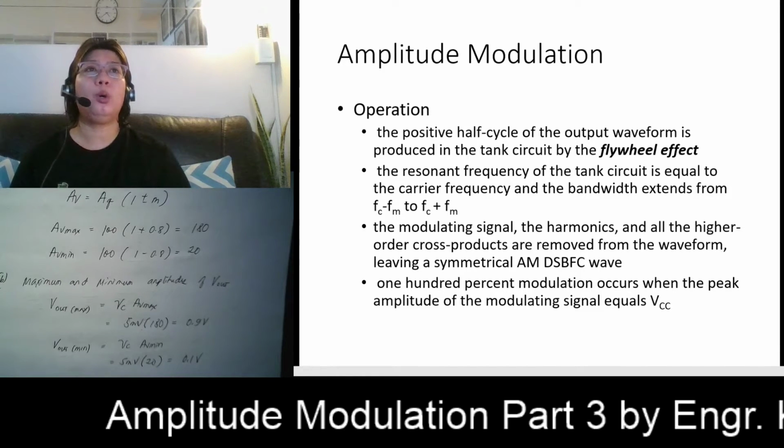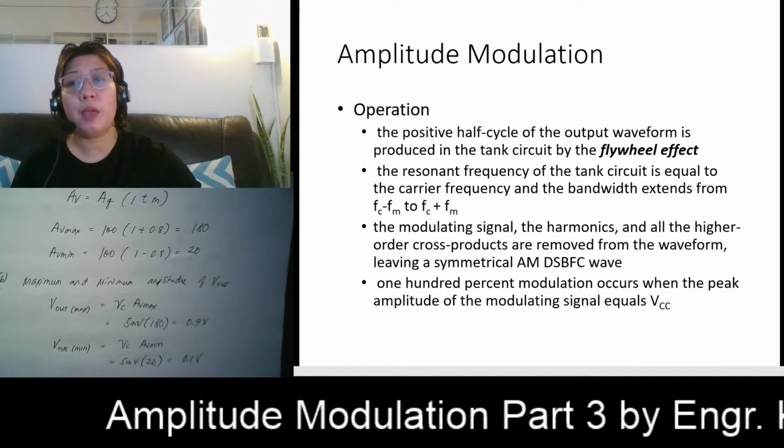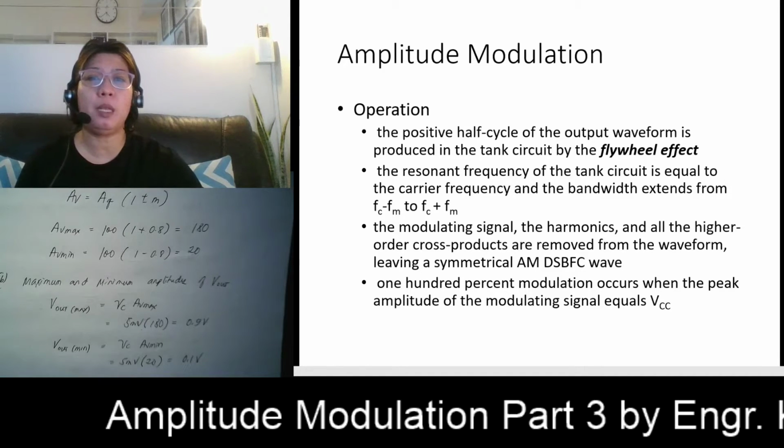The resonant frequency of the tank circuit is equal to the carrier frequency, and the bandwidth extends from FC minus FM to FC plus FM. This will be the bandwidth of our final AM waveform.